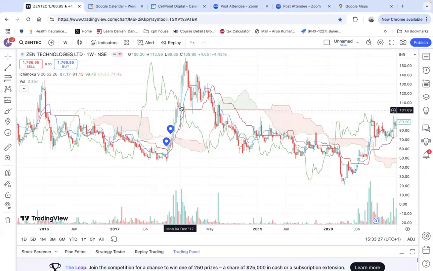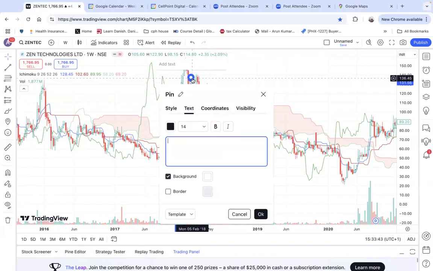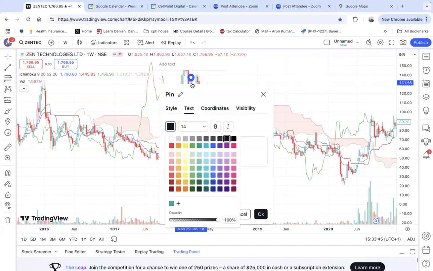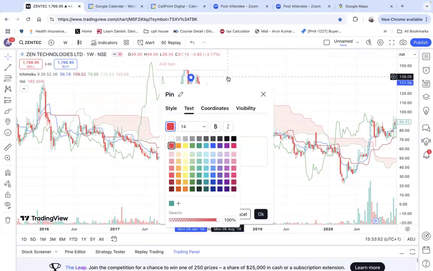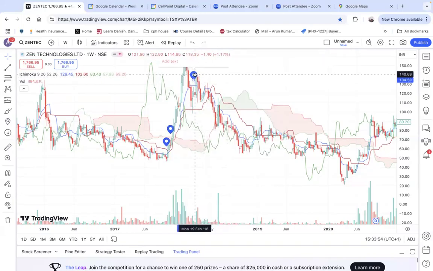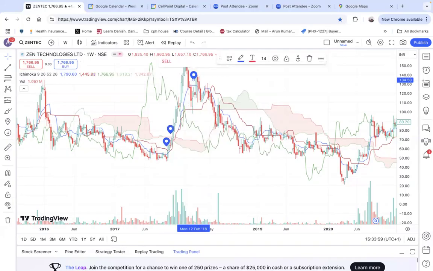So now the price goes up, up, up. Then here it starts dropping, but still it is above the blue line. And here it starts coming below the blue line. If I am a risk averse investor, I might actually sell here as well. So let's say I'm calling this a sell here.